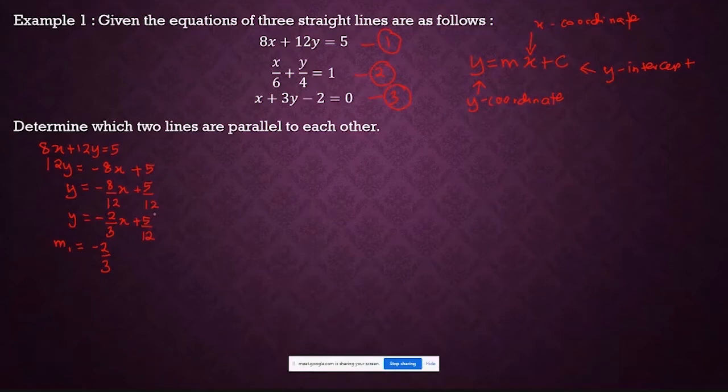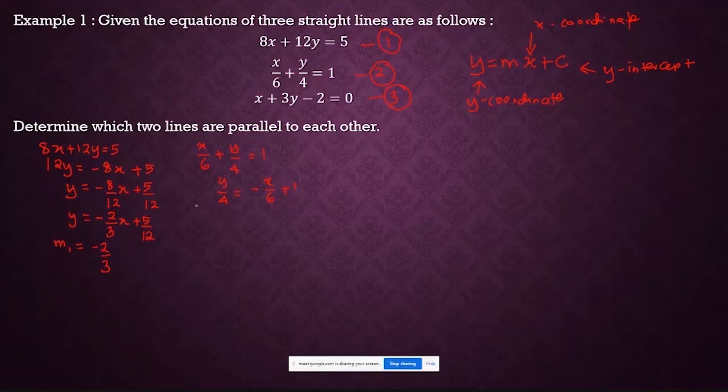Okay, for the second line, x over 6 plus y over 4 equal to 1. Again, we do the same thing: y over 4 equal to negative x over 6 plus 1.